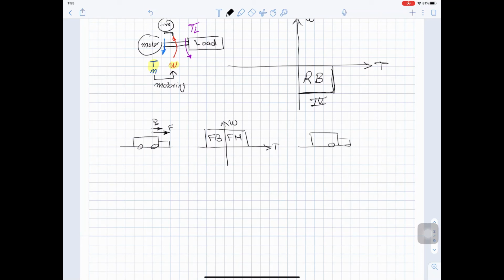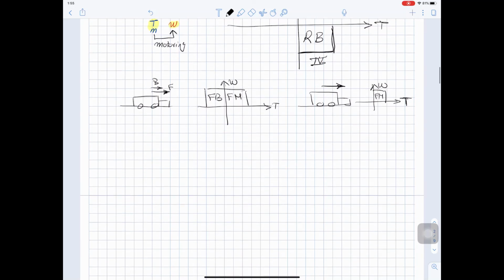If in your car you can only drive forward and you cannot stop it, you have only the forward motoring case, which is not logical, but in some applications you just need to drive it forward and control the speed, okay?